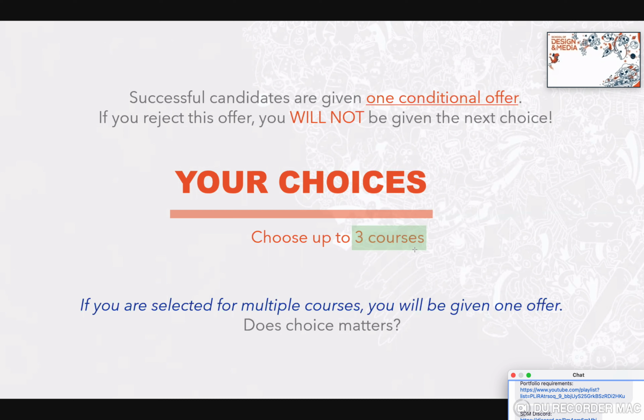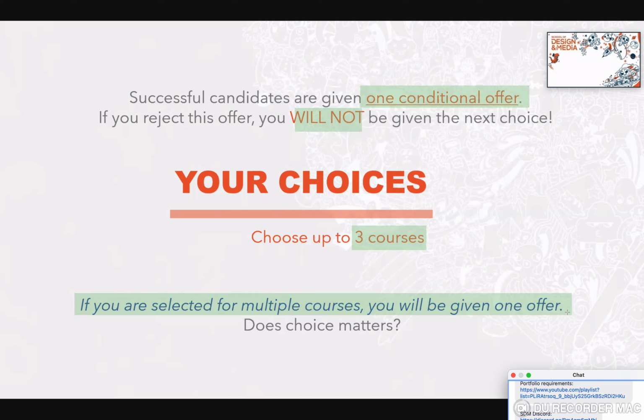If you are very talented, very passionate, and you choose 3 courses, one in Poly A, NYP, and Poly B, even if you are successful in all three giving you an offer, when we submit to MOE, they will only give you 1 offer. You will not be given the next choice. So even if you are selected for multiple courses, you are given only 1 offer.